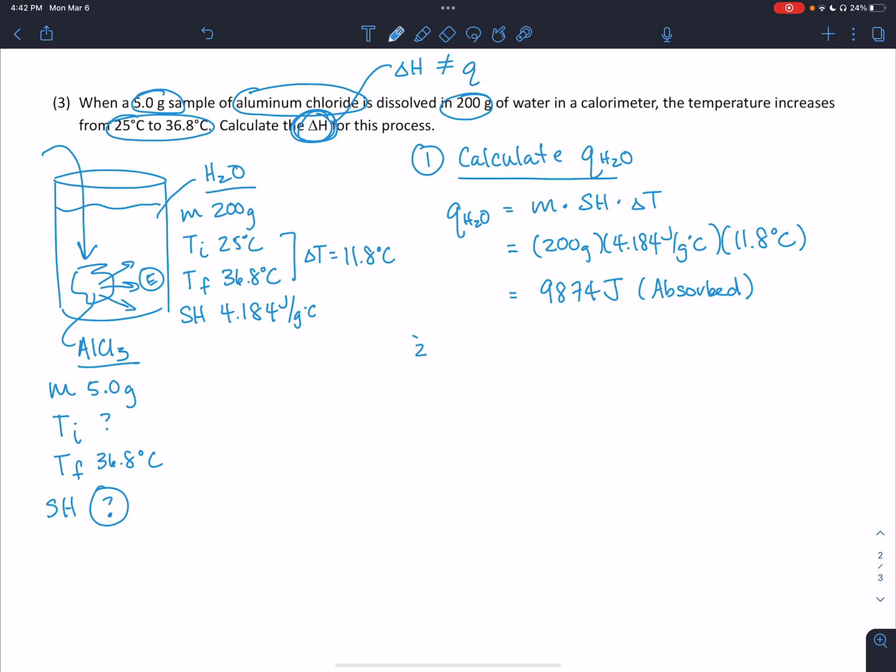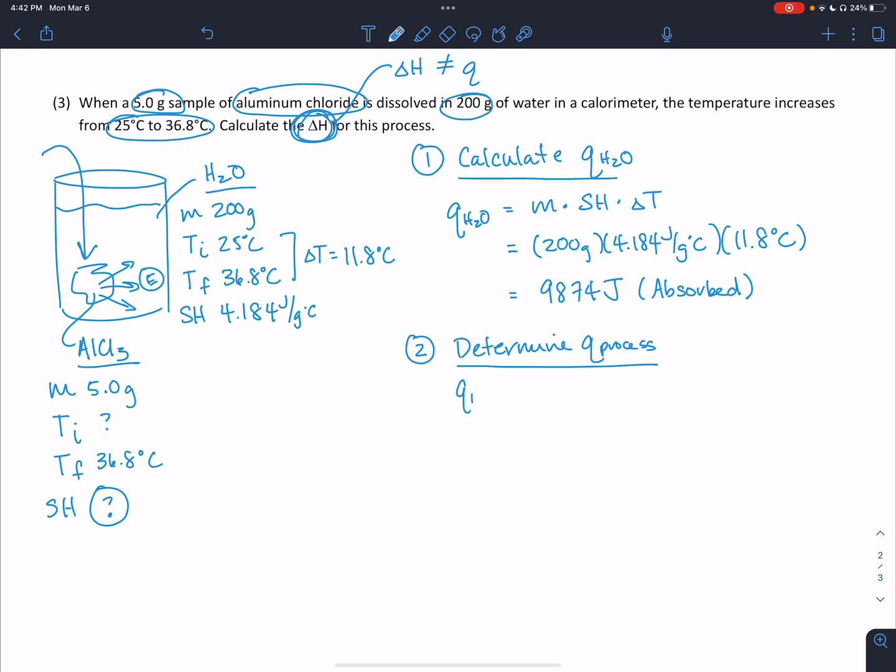All right. Second is to determine the energy of the process. You could also call this energy of reaction. It's a dissolving process, so it's a little hinky about whether that's a reaction or not, but same idea.